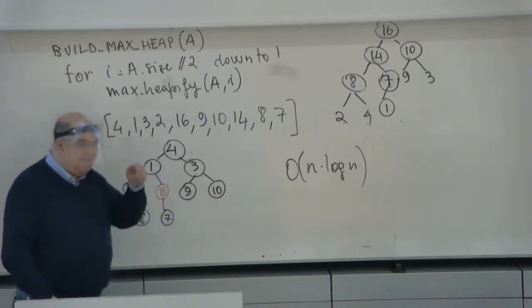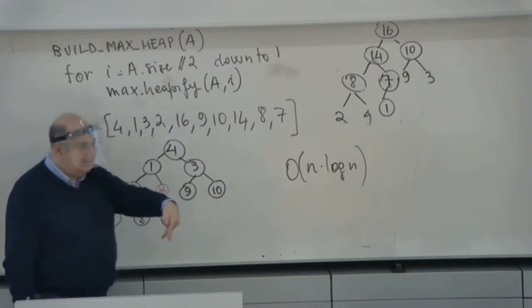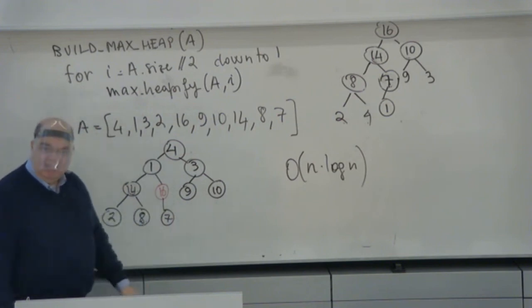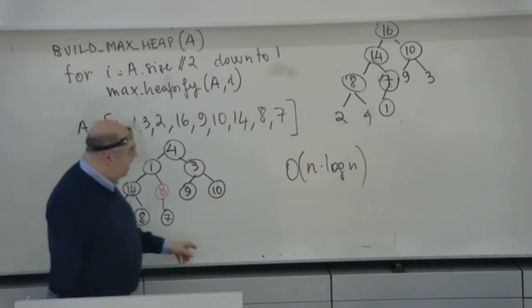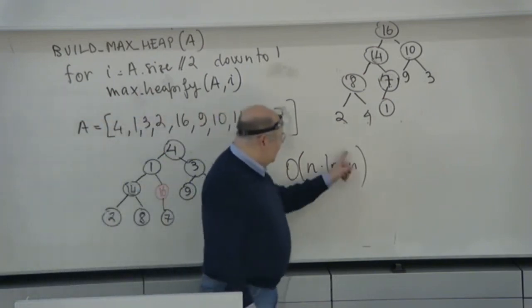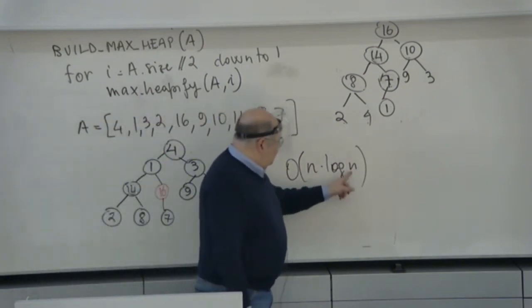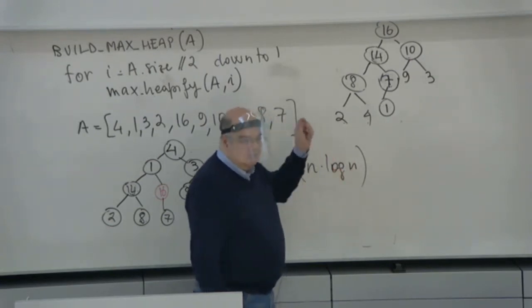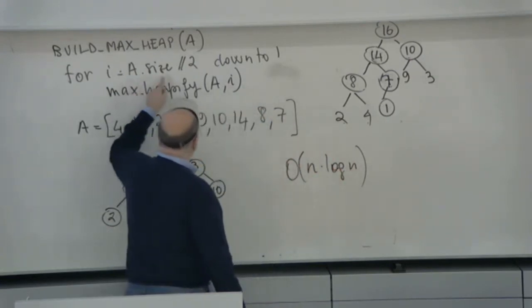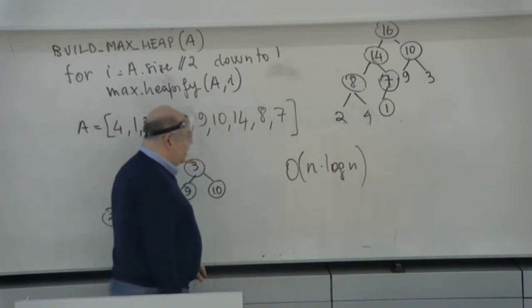Remember that Maxipify assumes that below there is a max-heap. So you can slightly better this, and actually this is not log n, but decreases as you go up in the tree.